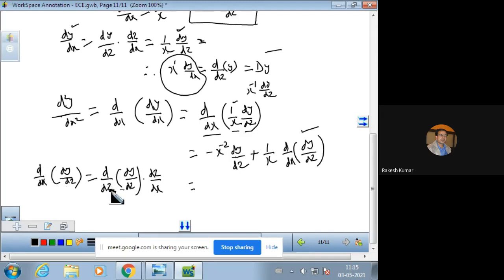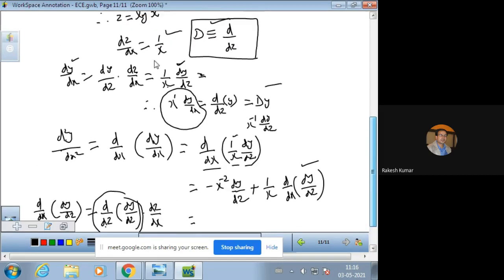So you just need to take d/dz, and if dz is taken below, dz is taken above as well. So this is d²y/dz², and the value of dz/dx is 1 by x.